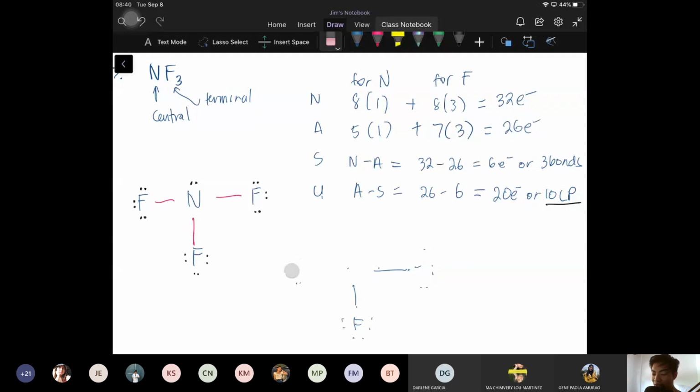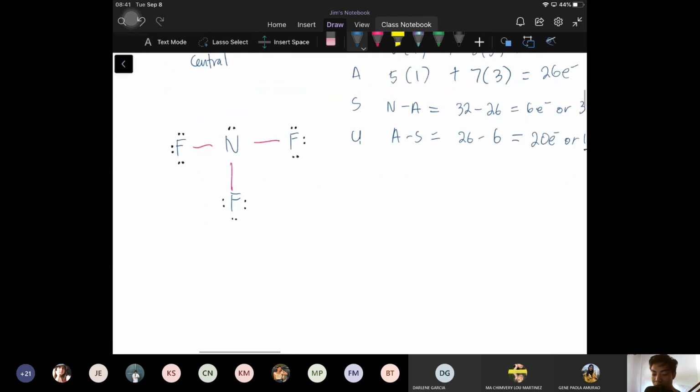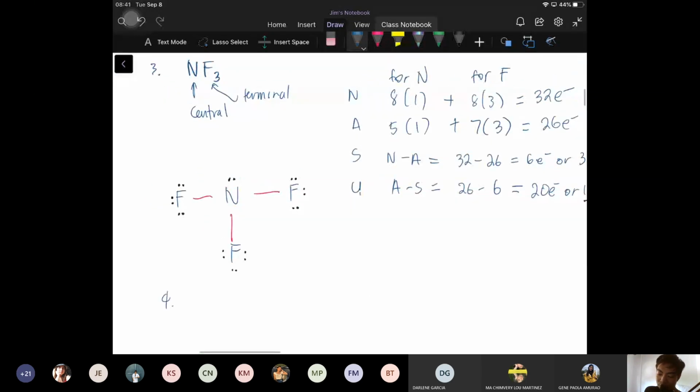Paano kapag may charges na yan? If your molecule contains charges, paano na? Your simple Lewis structure na ganun, yung Lewis dot symbols nyo, that cannot answer yung charges kasi. Hindi na niya masagot. Paano na kapag may charge? Okay. So, with that, let's begin with our fourth example.